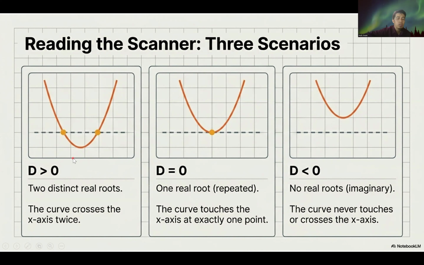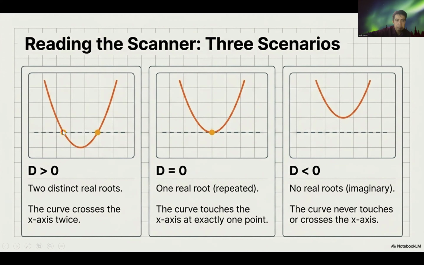We get two distinct real roots, and the curve crosses the x-axis twice if D is more than 0. This is the graph.